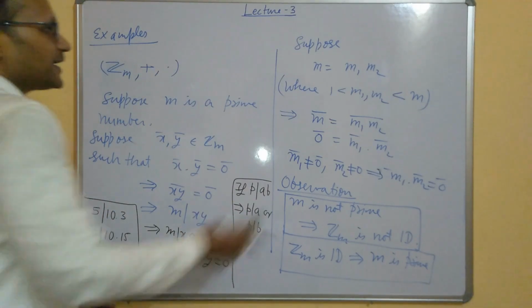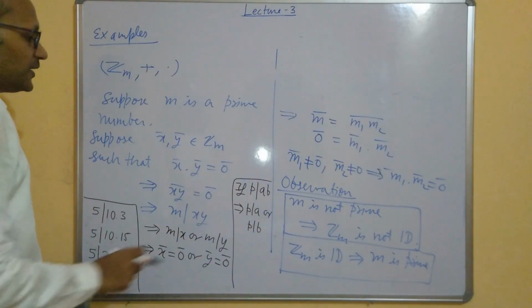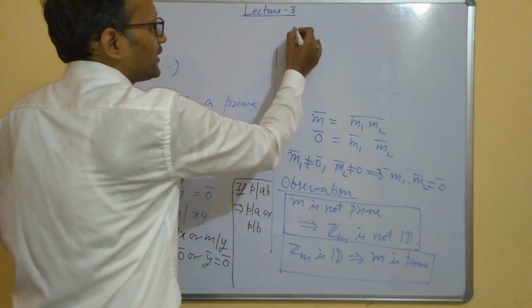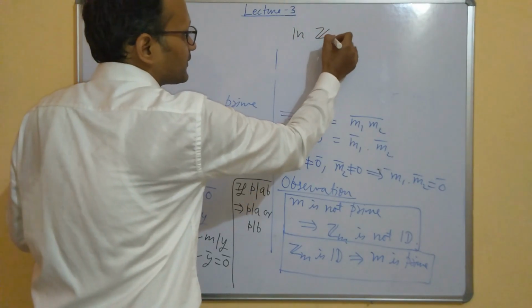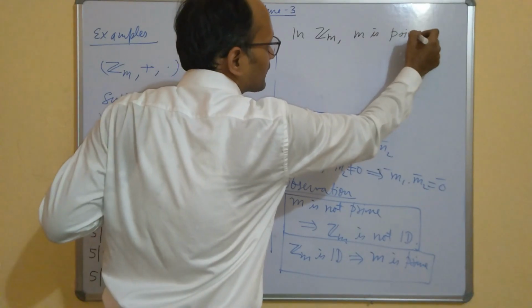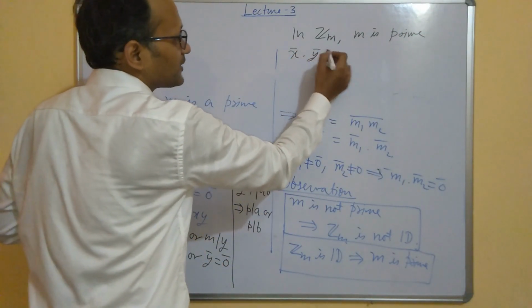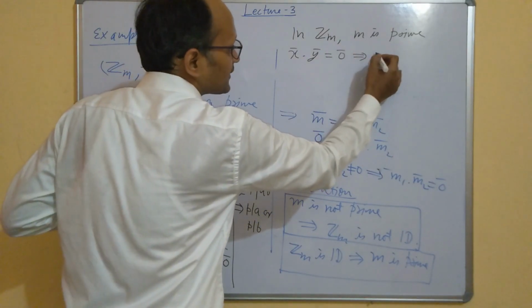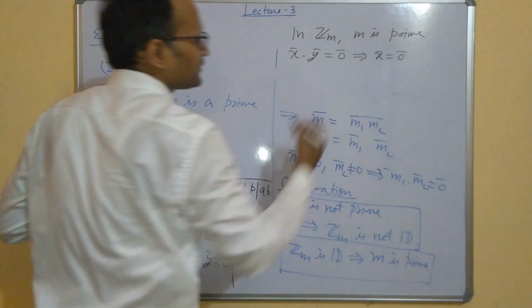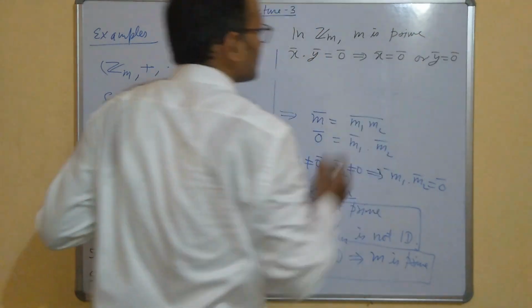So what we have shown is that in Zm, where m is prime, x bar into y bar is equal to 0 bar implies x bar is equal to 0 bar or y bar is equal to 0 bar.